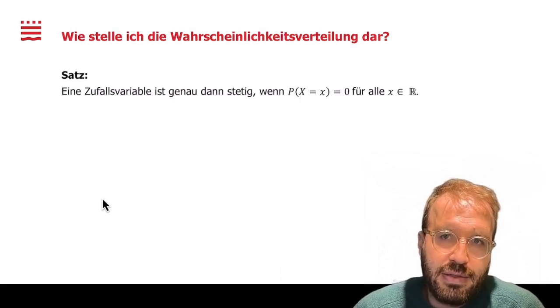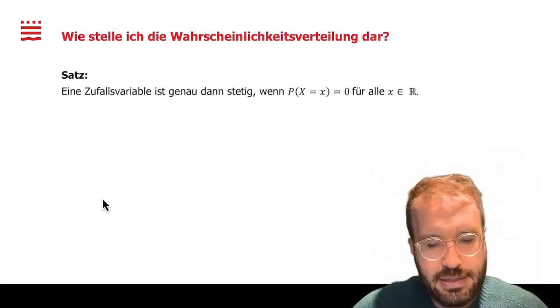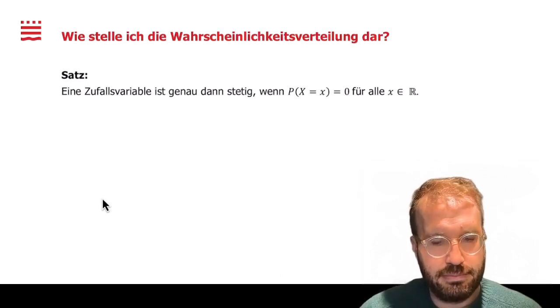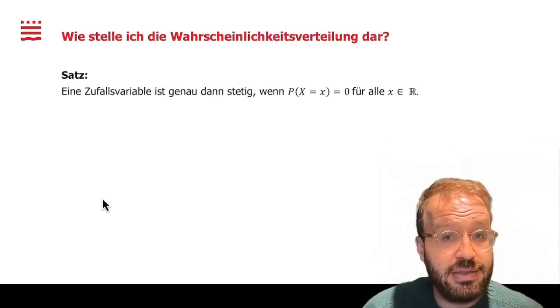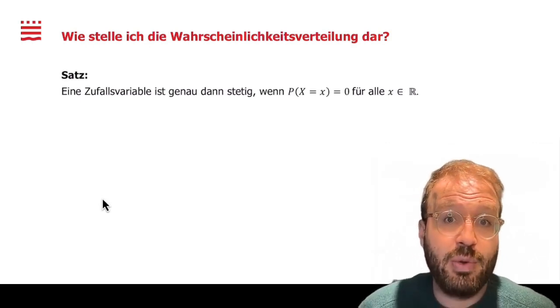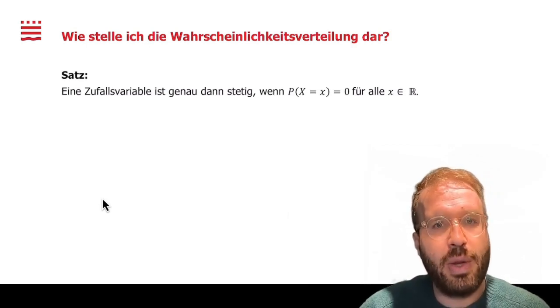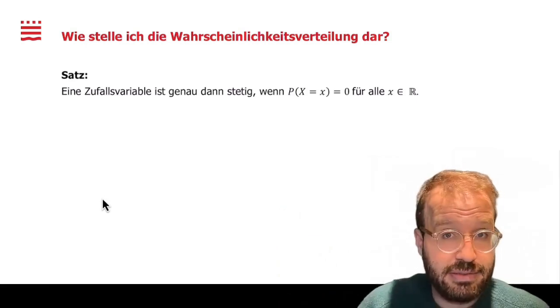And another observation we make is the following. If you ask yourself, what is the probability of taking on exactly one value? So, in our example with height, what is the probability of being exactly 1.80 meters tall? Or, in other words, 180.000 and so on centimeters.